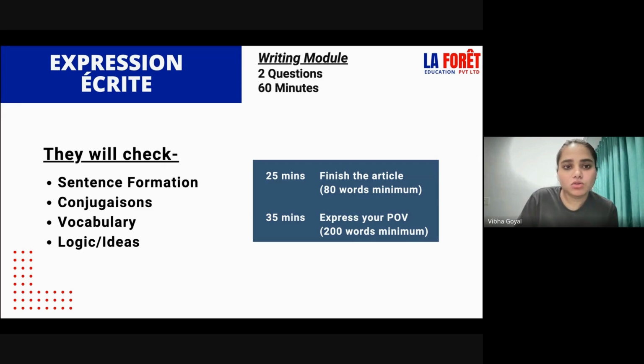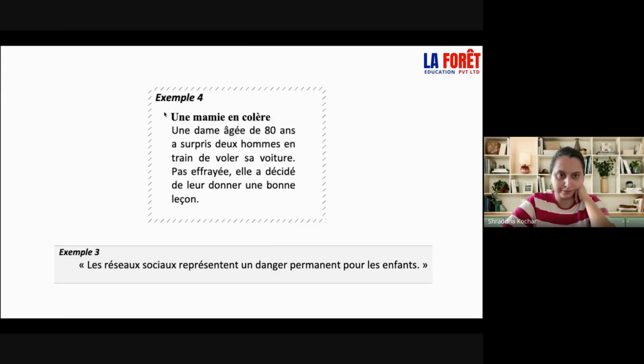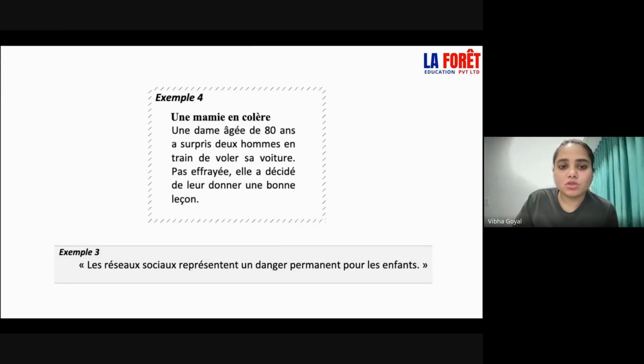So, looking at the examples: une mamie en colère. So this is for the 80 words part, in which the start of the article is given and you have to finish writing the article. So at the start, you are given an angry granny, en colère, and why was she en colère?